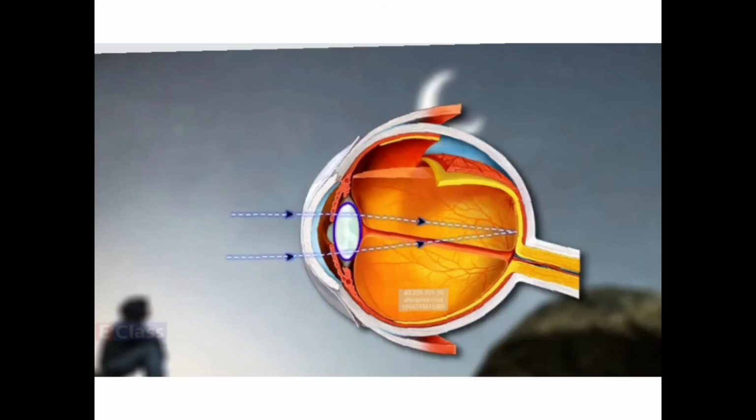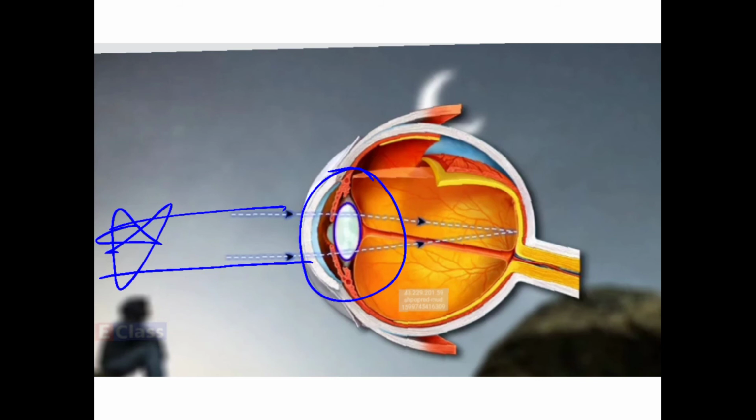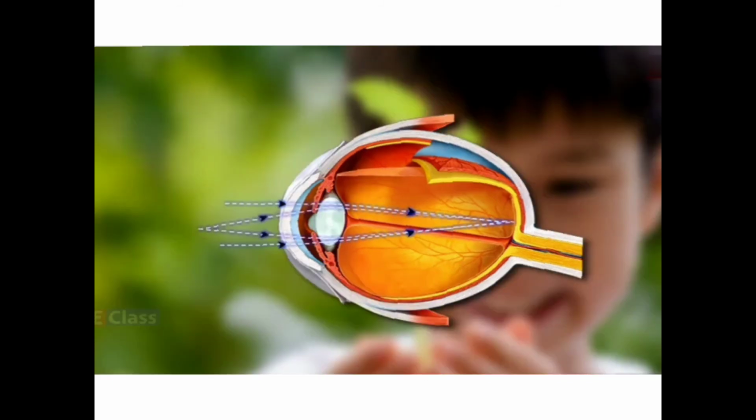It was flat because of the long distance object, suppose you want to see the stars. Here you have the ciliary muscles which contract or relax this lens. We have a god gifted lens which can increase and decrease the focal length, and if you have a nearby object, the lens becomes round and the focal length decreases. And this is how we can see the nearby object. Clear this much?